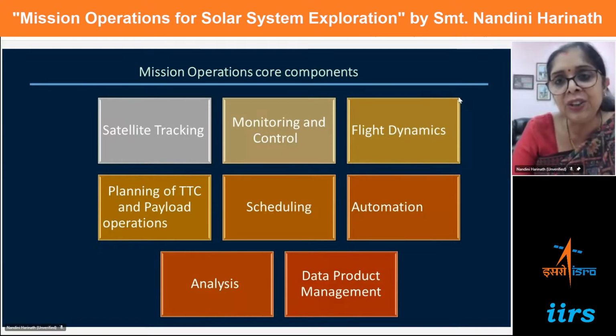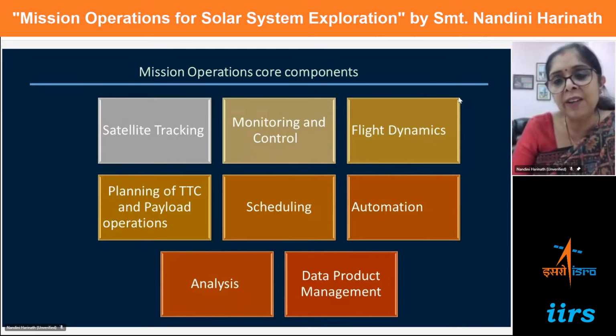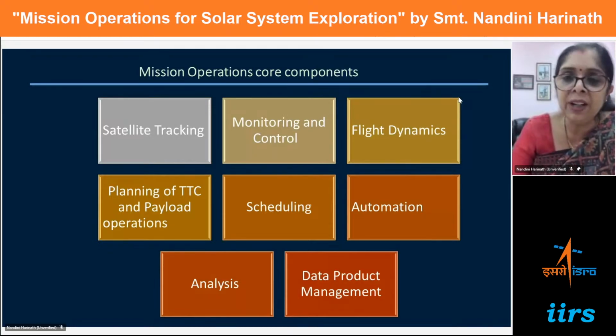And this entire job on the ground segment pretty much is automated. Otherwise, it becomes very difficult to micromanage each of these components. So all of this, what I talked about, works on a day-to-day basis in an automated fashion with minimal human intervention. And all said and done, all this also requires a lot of analysis.